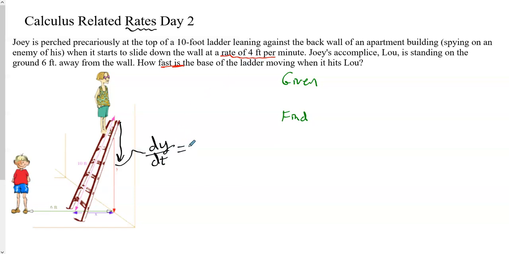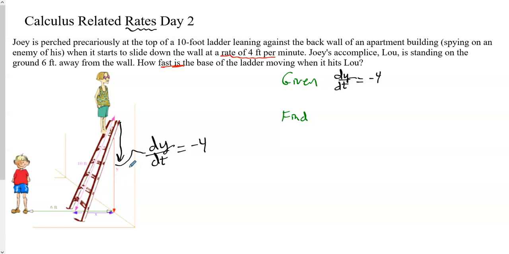Watch out though, you have to catch that y is decreasing, getting smaller because this distance is going downward, so I'm going to note that it is negative 4. It's falling down at a rate of 4 feet per minute. I just have to check that it's decreasing, and I'm given dy/dt equals negative 4. Perfect. They labeled it y here; I maybe would have called it h for height.